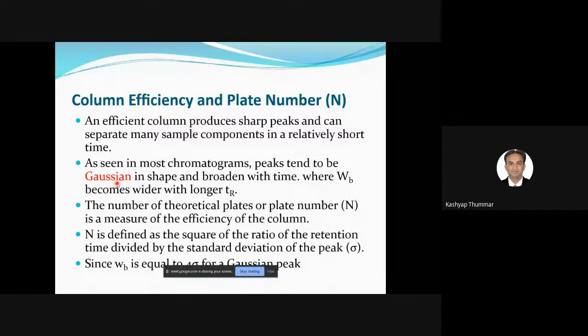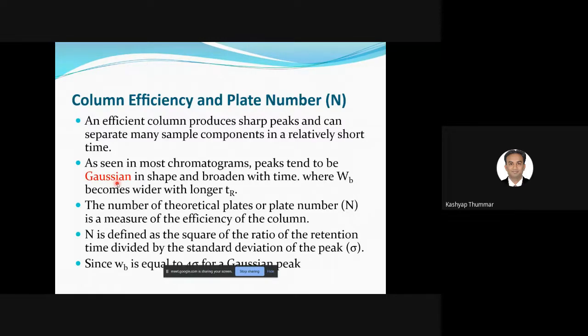Peaks tend to be Gaussian in shape and broaden with time, where WB means peak width at base, which becomes wider the longer the TR. TR means retention time. The number of theoretical plates, or plate number N, is a measure of the efficiency of the column. It indicates the efficiency of the column.